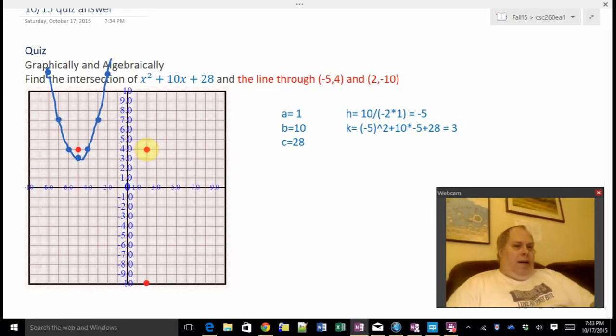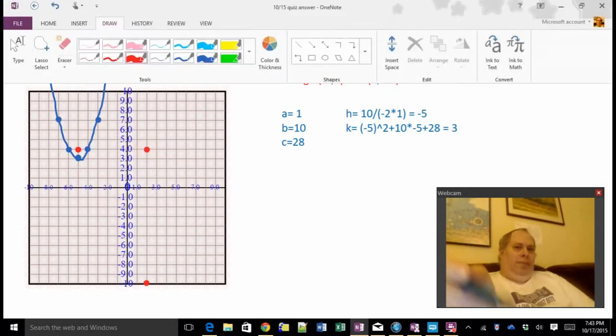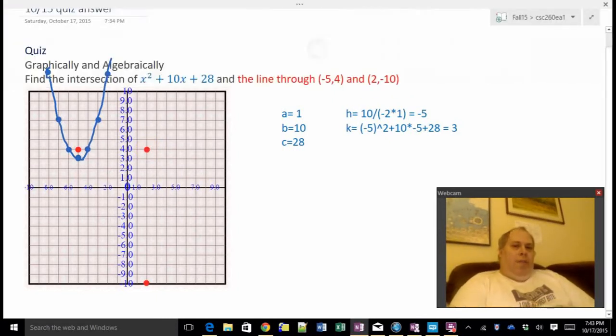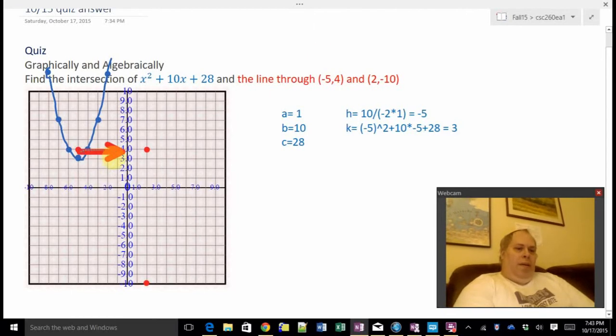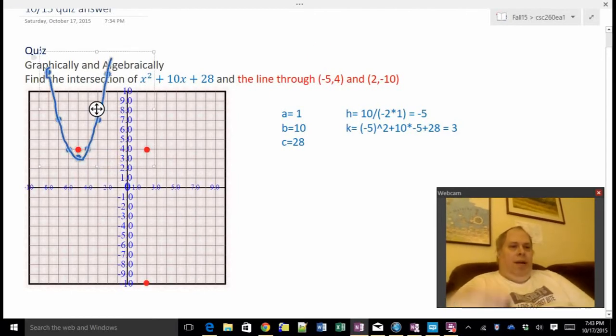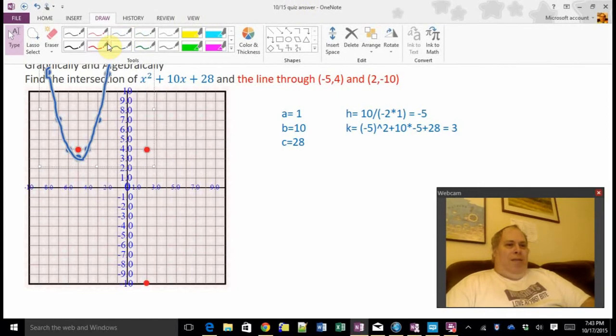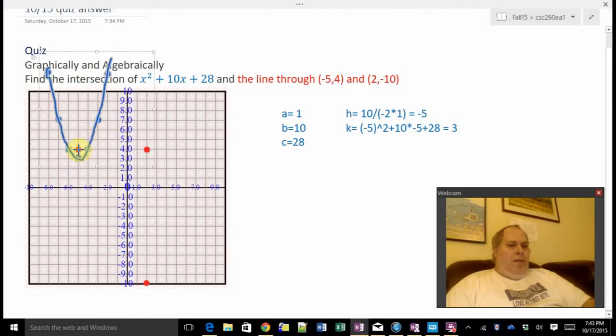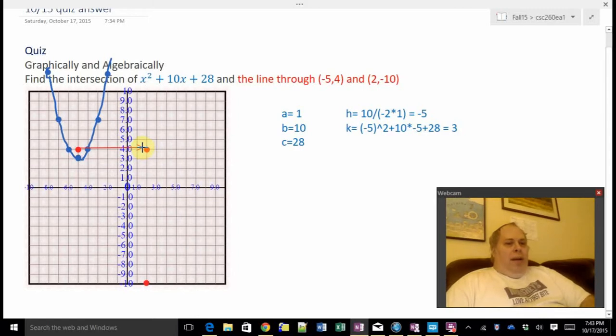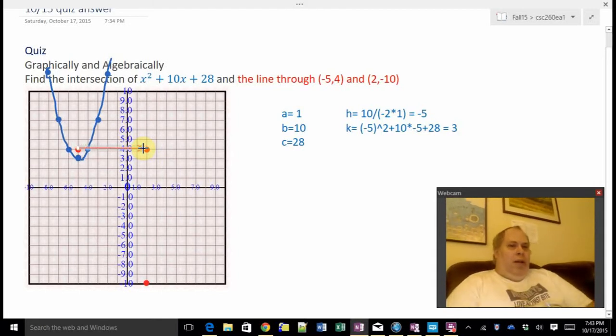So to go from here to there, we're going to go from here to here, and that's going to be 1, 2, 3, 4, 5, 6, 7. So this guy is going to be 7.